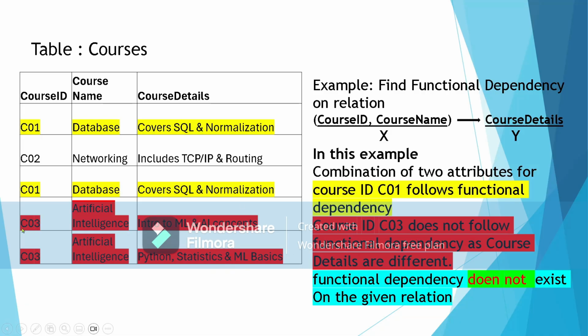But if you consider the course ID as 3, name of the course as artificial intelligence, but here descriptions are not matching. The course details are not matching. Therefore, the functional dependency does not exist in the given relation.